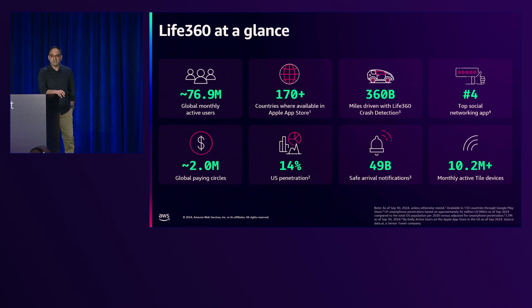That means 1 in 8 families in the US use Life360. Around 360 billion miles are driven with Life360 crash detection, and about 49 billion safe arrival notifications are delivered to families every year. I can truly say that our work literally saves lives by alerting families about their loved ones and sending ambulances if there is an unfortunate accident.